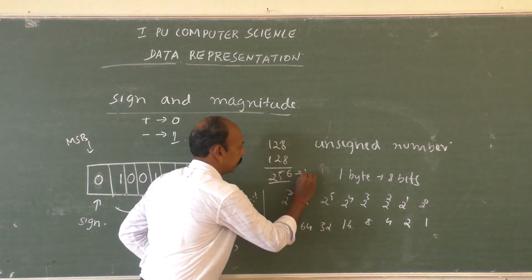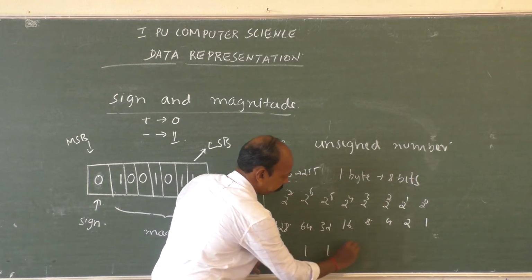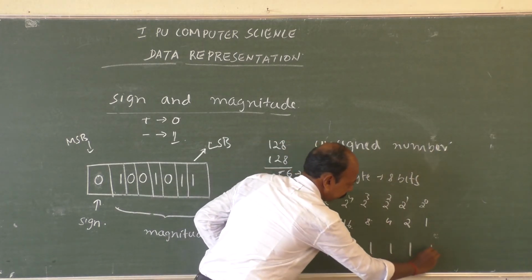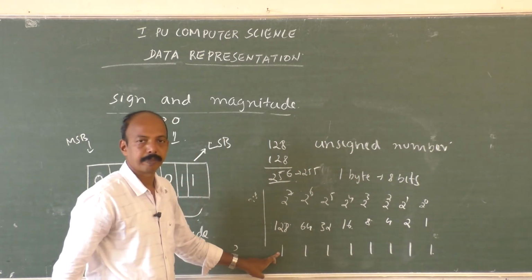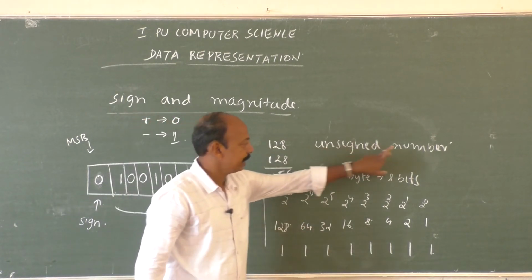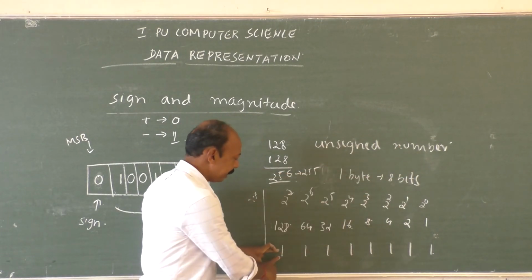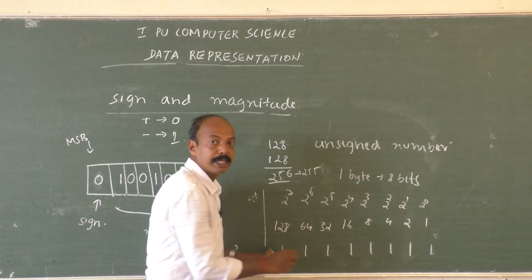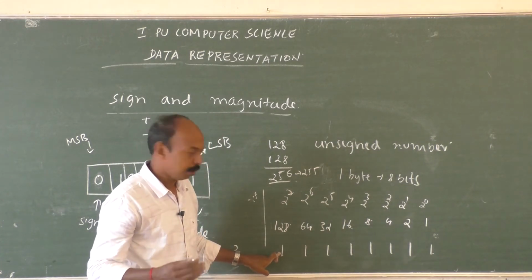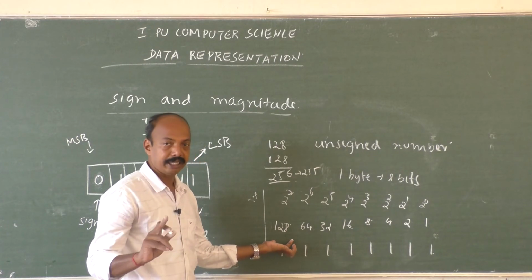If you want to represent 255, all the values will be 1, 1, 1, 1, 1, 1, 1 and 1. So in this case, it's an unsigned number, so even the MSB can be used to represent the magnitude. Hope the point is clear now. We are not representing the sign.